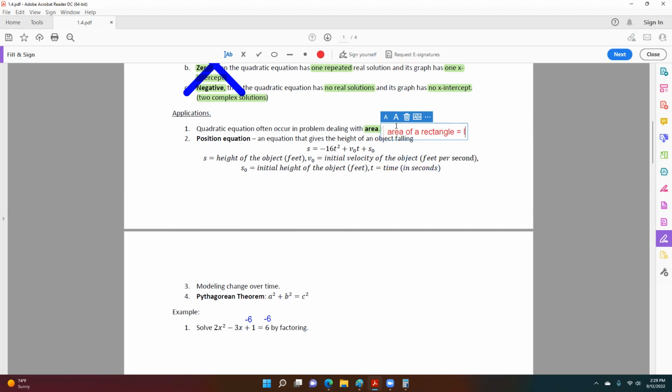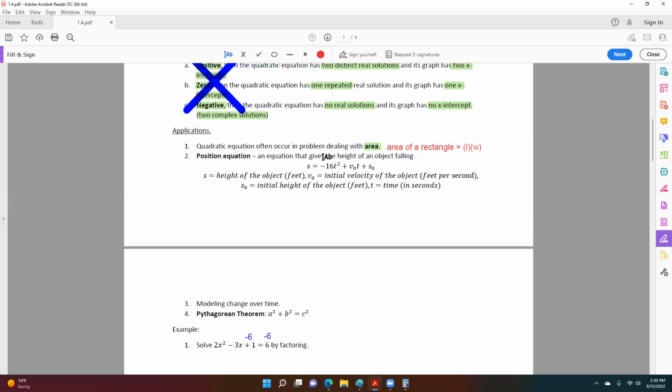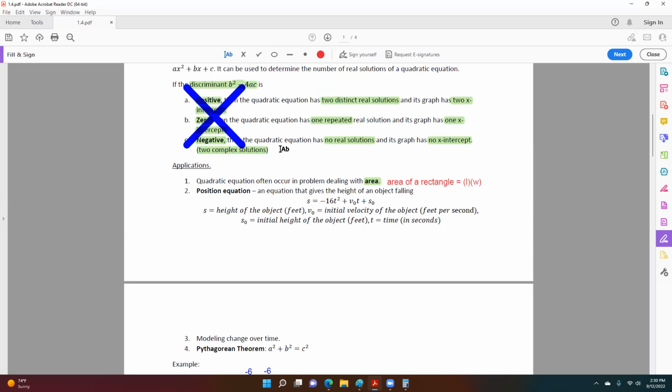So it's just length times width. So that is the area of a rectangle. We will mostly use the area of a rectangle to do this, and you will get what we call a quadratic equation. Then you have to solve it. Again, there are 4 methods to do it, the ones that we just learned.